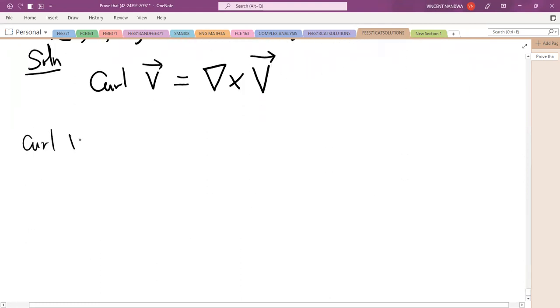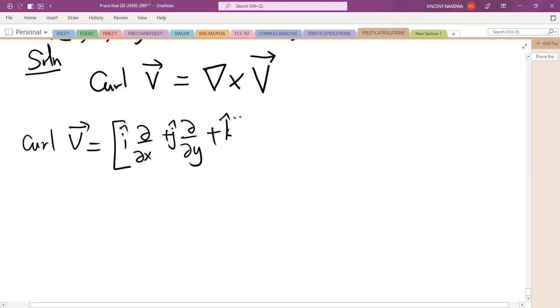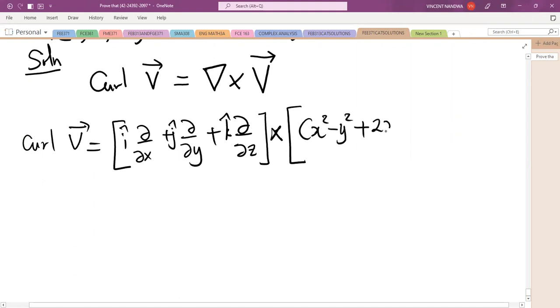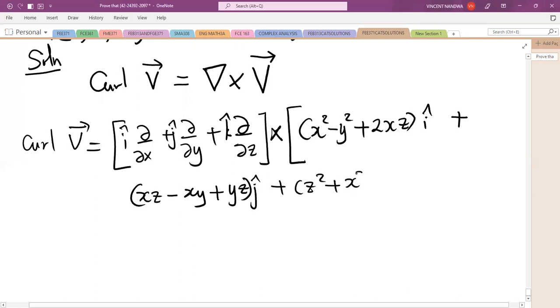So curl of V is I partial X plus J partial Y plus K partial Z. And then you cross this one with X squared minus Y squared plus 2XZ, plus XZ minus XY plus YZ, Z squared plus X squared.